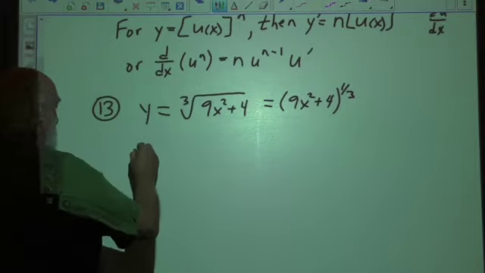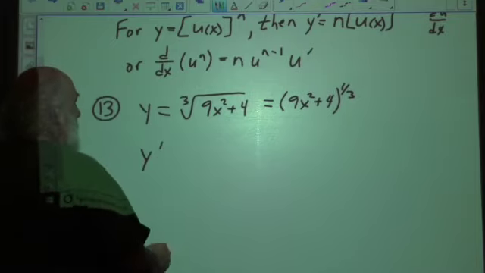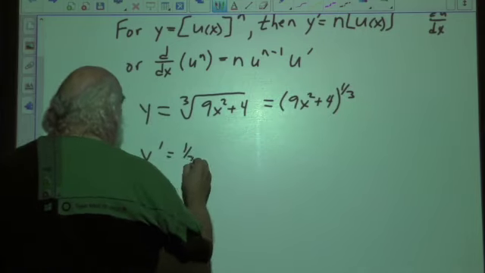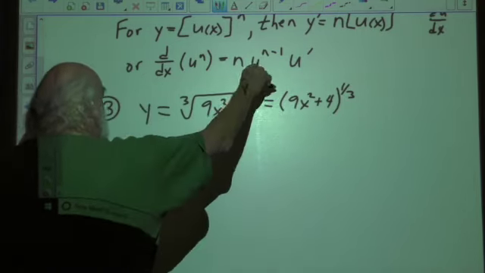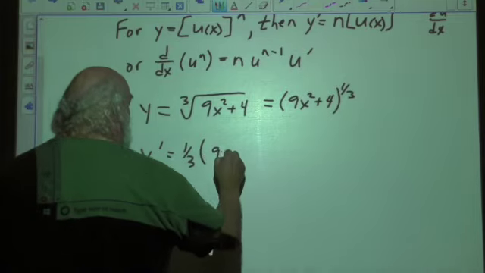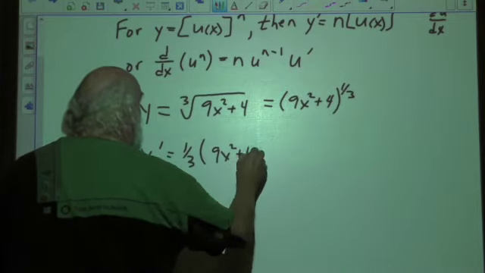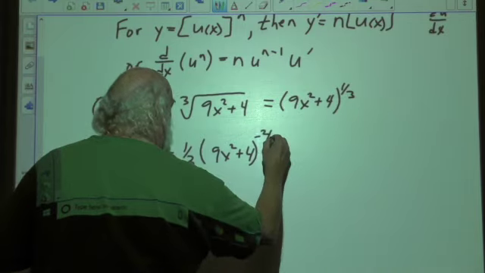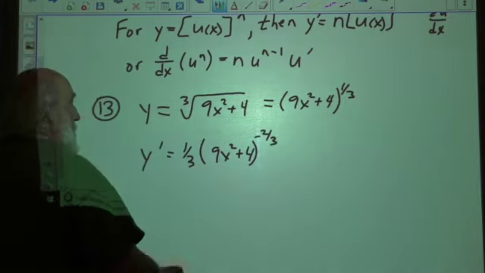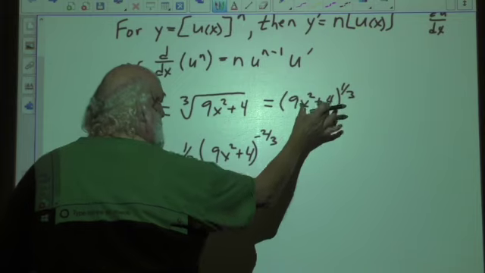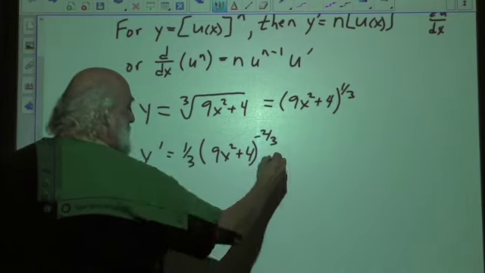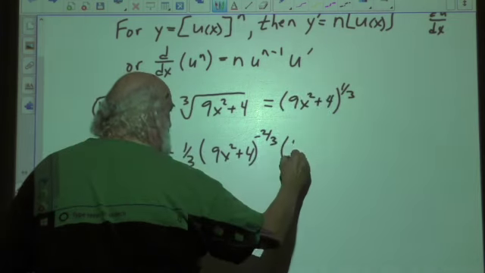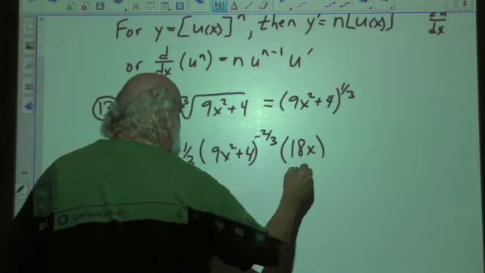So when we find the derivative of that, the 1/3 comes over, times 9x squared plus 4 to the 1/3 minus 1, so that's minus 3/3, making it negative 2/3, times the derivative of this entire function inside the parentheses. 2 times 9 is 18, and subtract 1 from the exponent gives us 18x.